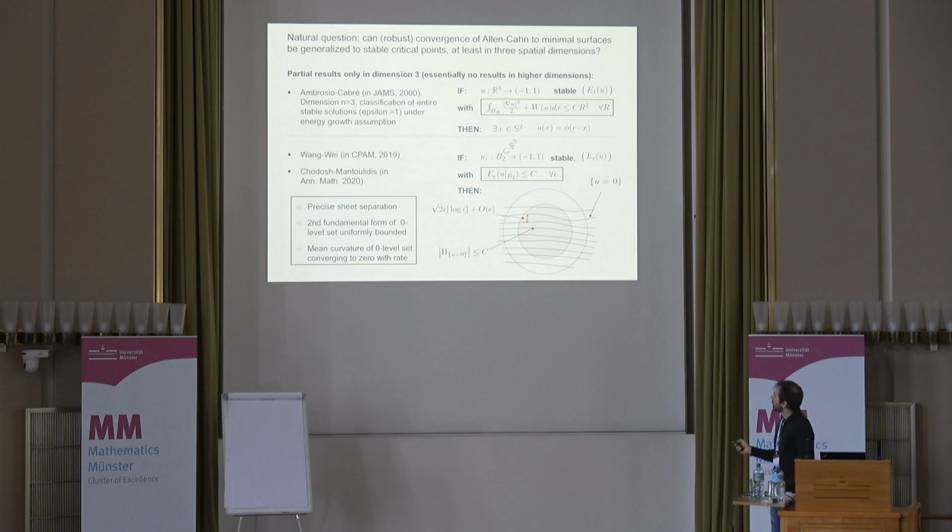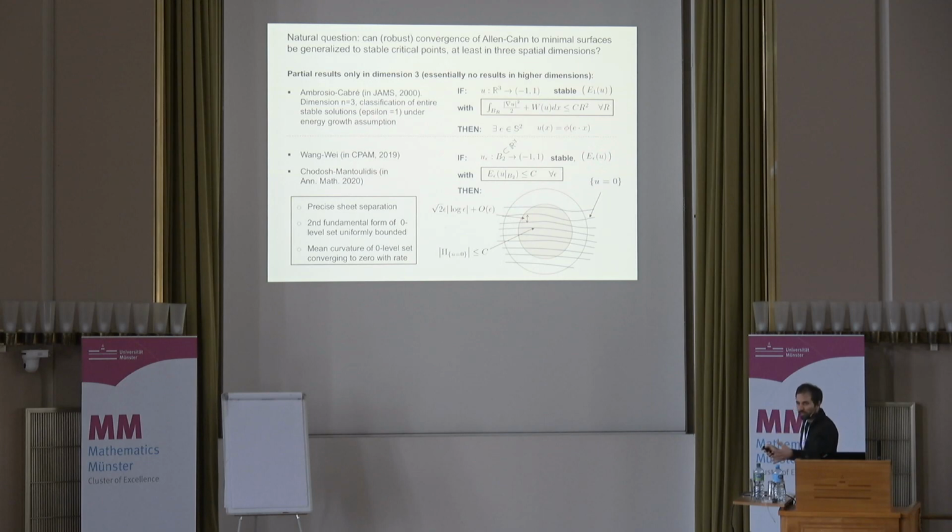Now, applying this classification result, Wang and Wei and Chodosh and Mantoulidis can deduce a very precise regularity theory for stable solutions in a ball of radius 2 in R3. Now, it's u epsilon, a stable solution for the epsilon Allen-Cahn with the parameter epsilon, and you need to think that epsilon is going to 0.